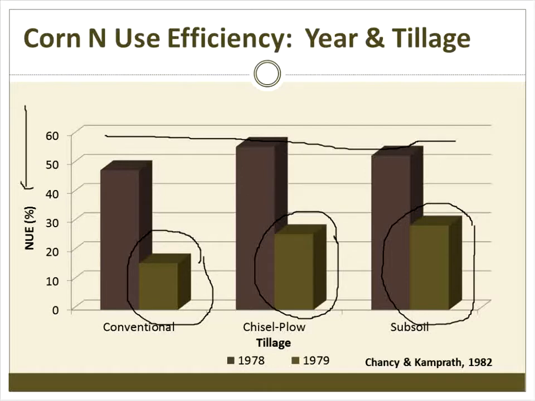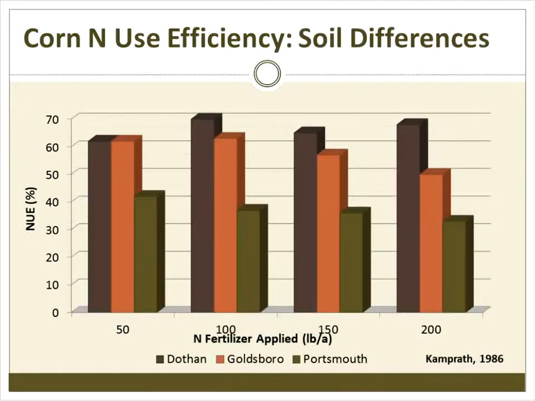So nitrogen use efficiency is very much a function of climate. As you can see in this, climate was really the dominant factor, and it can be a function of how you manage that particular field. Some years management will be more important than other years.